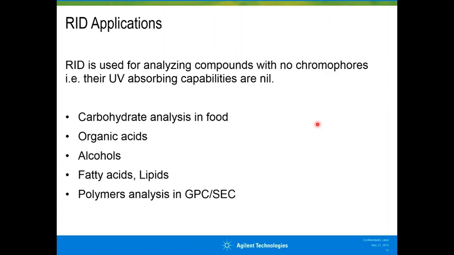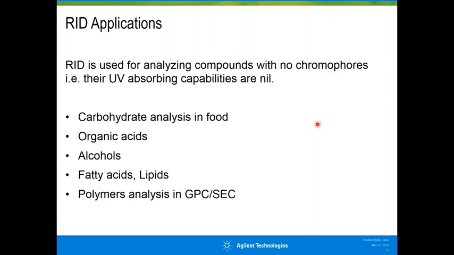Those compounds which do not have chromophores or UV absorbing capabilities are normally analyzed by an RID detector. The most commonly tested product with a refractometer would be carbohydrate analysis, sugar analysis, right?